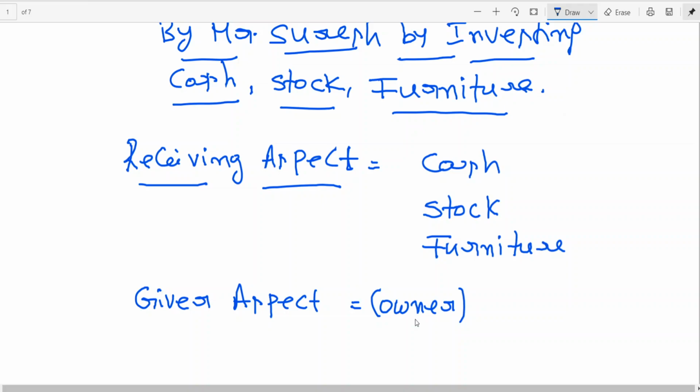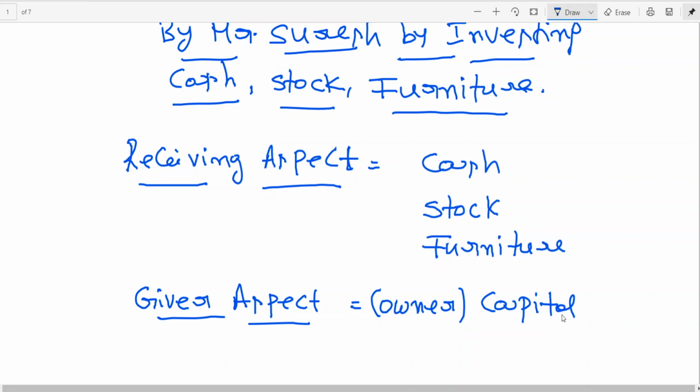Since it is only one person investing, starting the business by investing cash, stock, and furniture, who is the giver here? Suresh. Suresh is the owner, and that is indicated with the terminology capital.